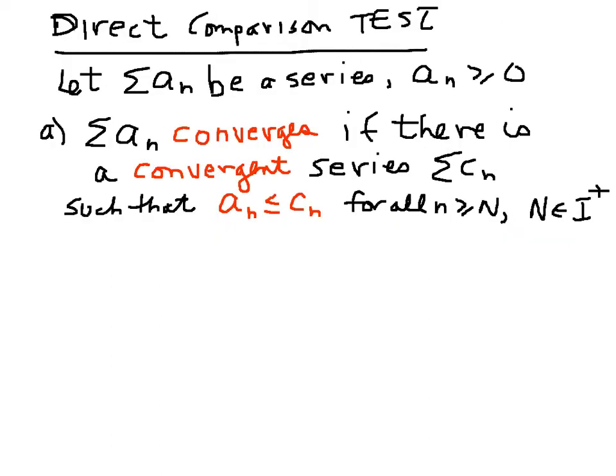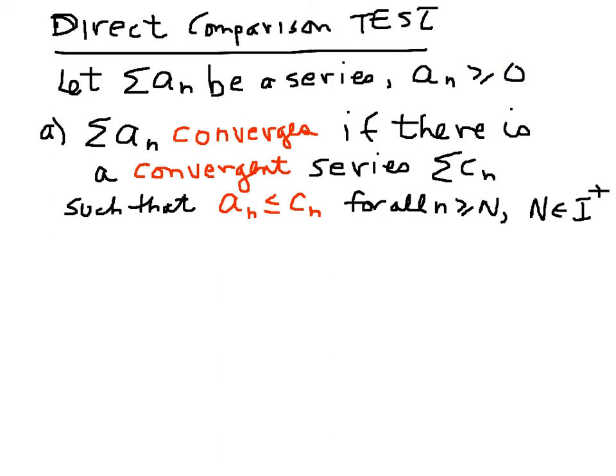The next test that we'll look at is what's called the direct comparison test. And we begin with assuming that a sub n is just any series, and the terms are greater than or equal to 0.